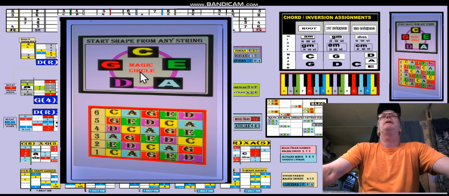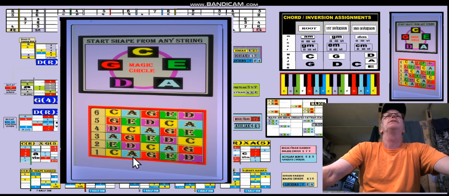But this is the magic chart, and the only thing I can say for it right now is that it isn't a circle of fourths, because C goes to E, which is the third.